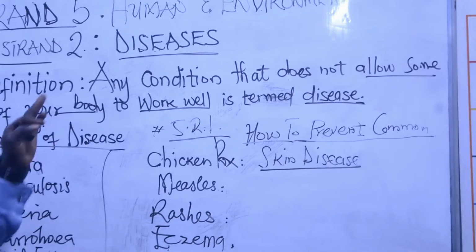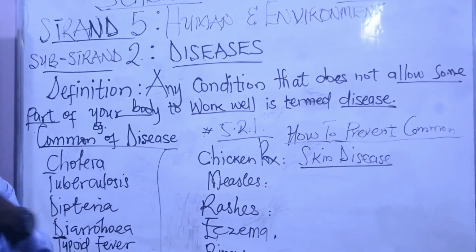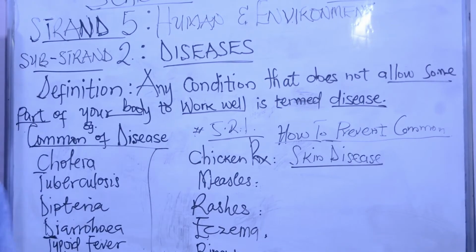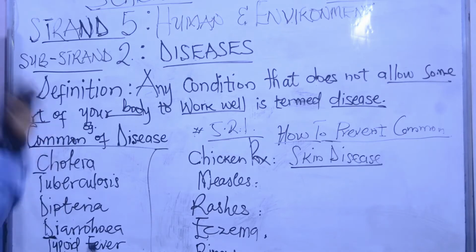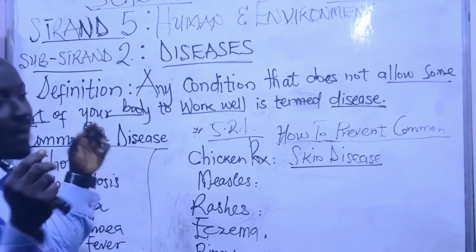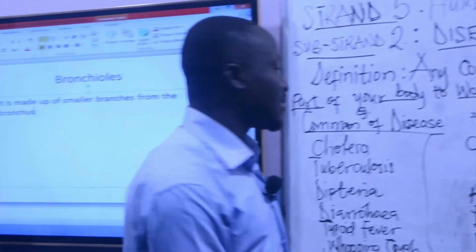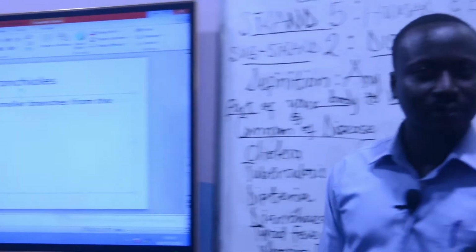Any state or condition that does not allow any part of your body to work well or function well is called a disease. Think about that. Whenever there is any problem anywhere in your body, we say you have a disease.